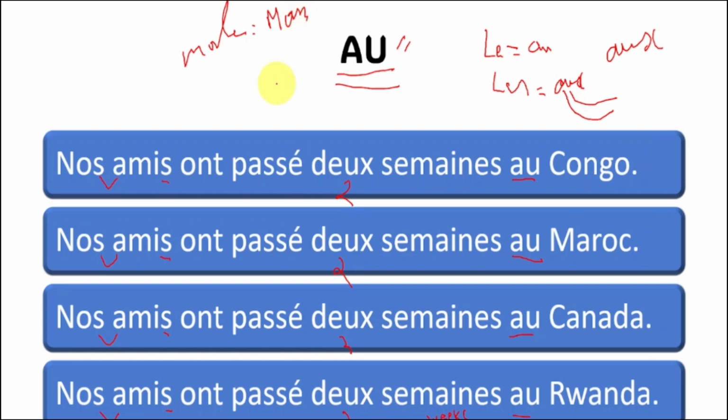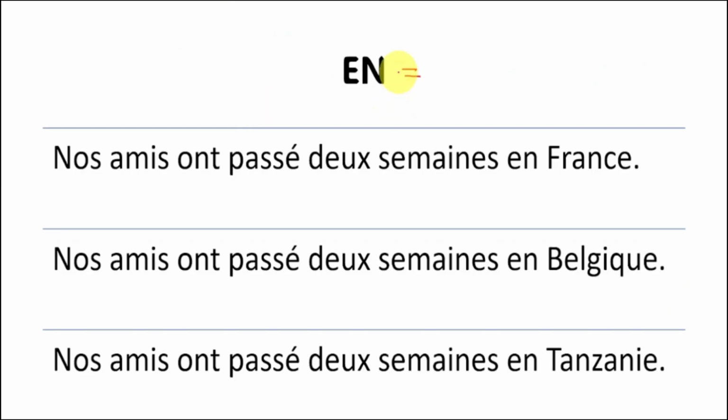Okay? We use that. So for female, if I come here, this one is for a female, a woman. So when you see this, think about a woman or women.